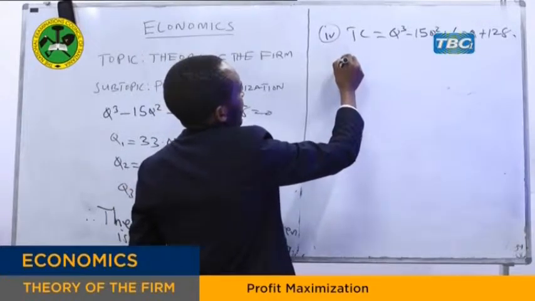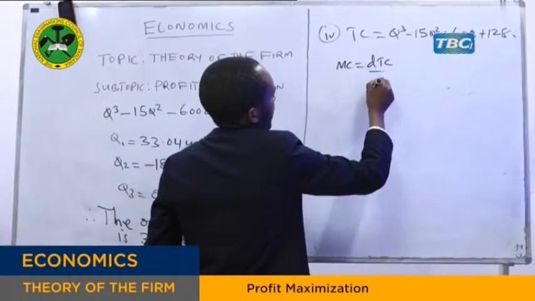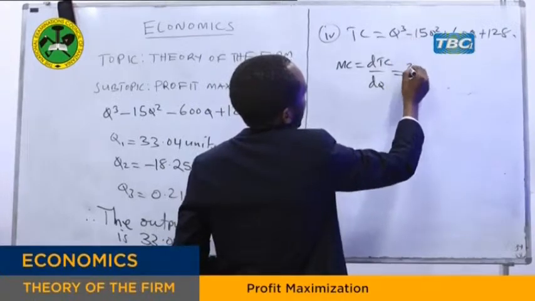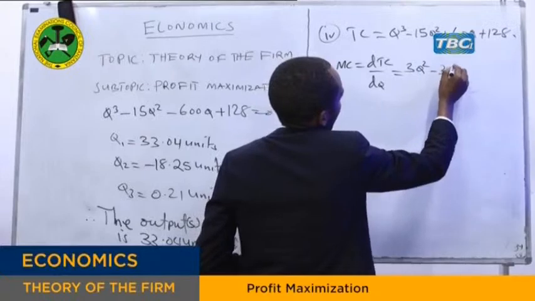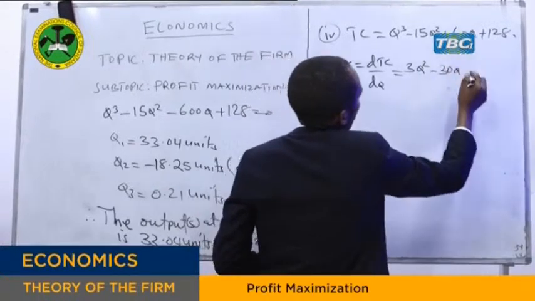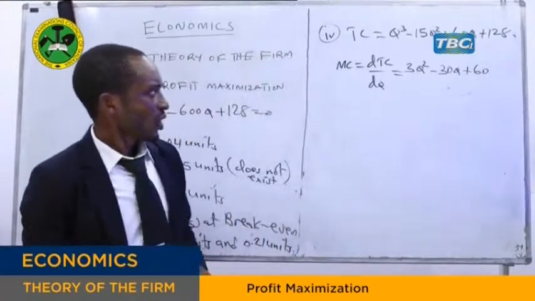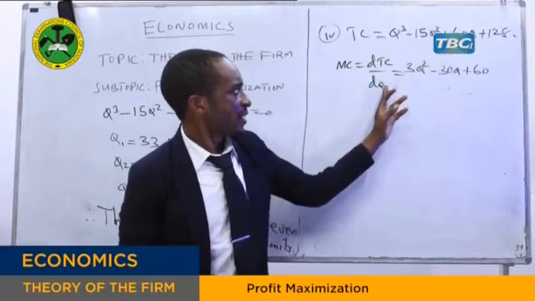marginal cost will be equal to dTC over dQ, which equals, when you differentiate, 3Q square minus 30Q plus 60. So when you differentiate this cost function, it will be this one.